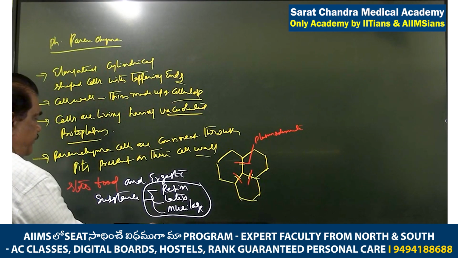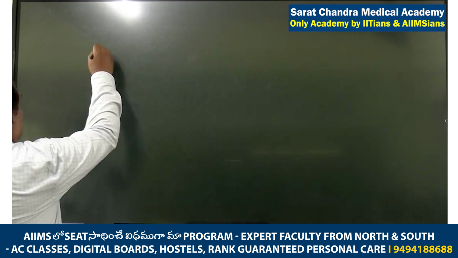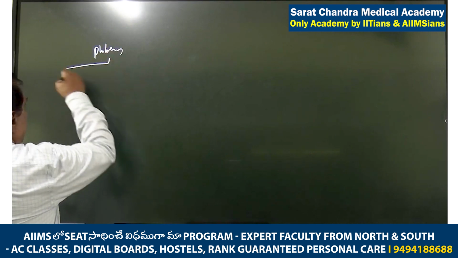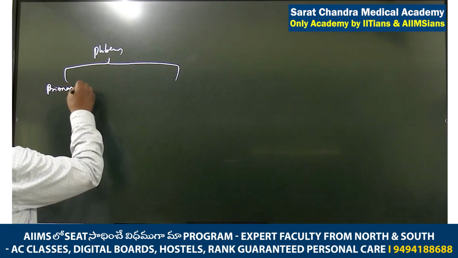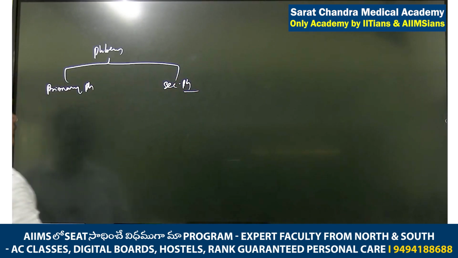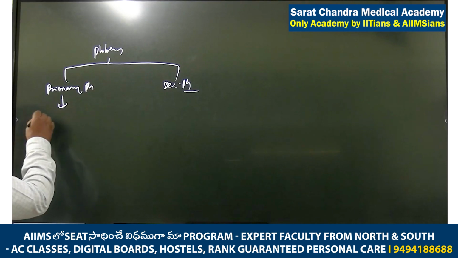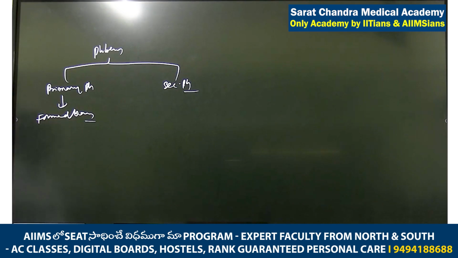So that is about complex tissue. The phloem is of two types, that is primary phloem and secondary phloem. Primary phloem is formed from? Procambium. Very good. Primary phloem and primary xylem are both formed from procambium.